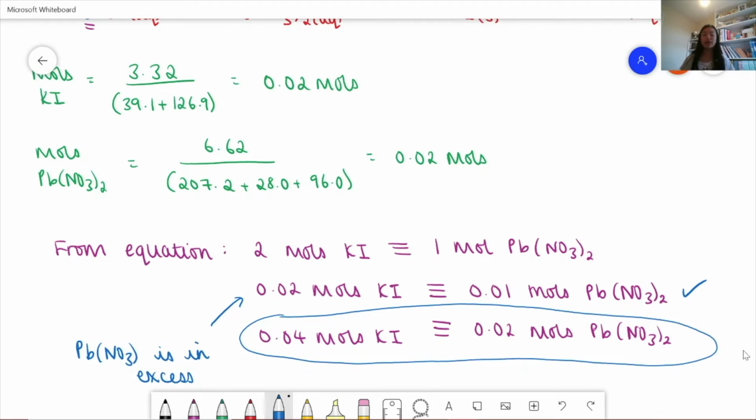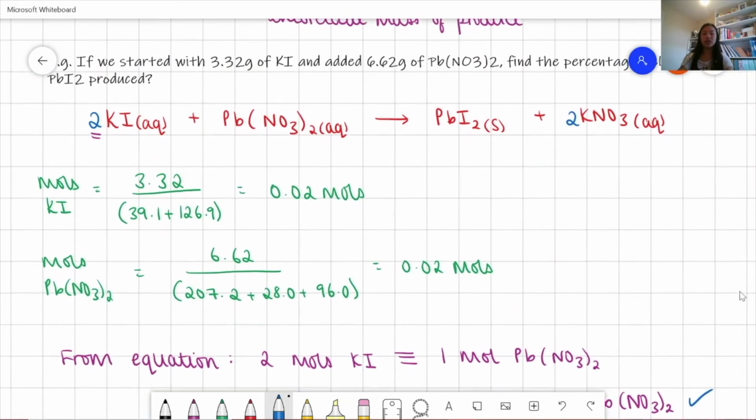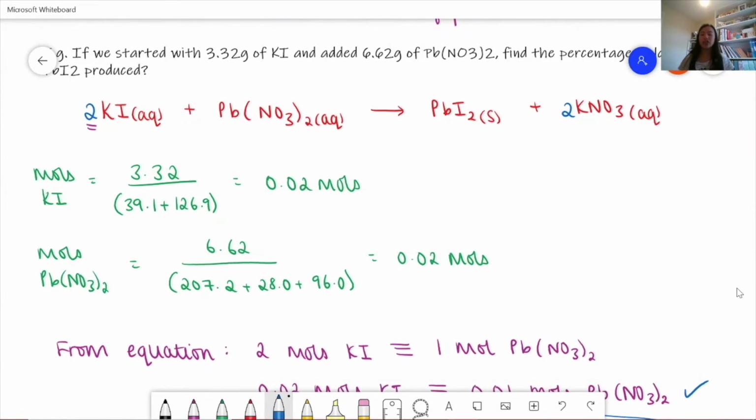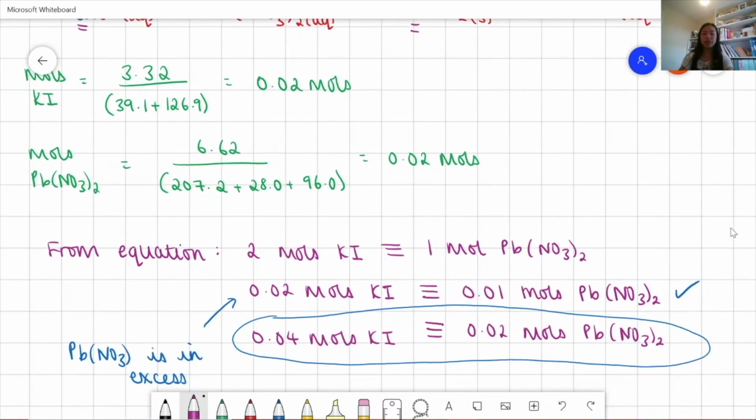And so now we can work out the maximum mass, so the theoretical mass of this lead iodide that we could form. Because again, we can use the ratios. So going back to the equation, we have that 2 moles of this potassium iodide will form 1 mole of this lead iodide because there's a 1 here. And so it's a 2-to-1 ratio.